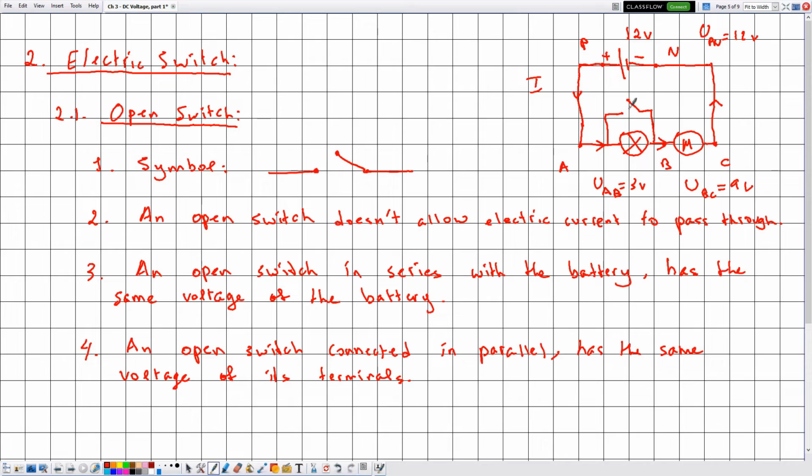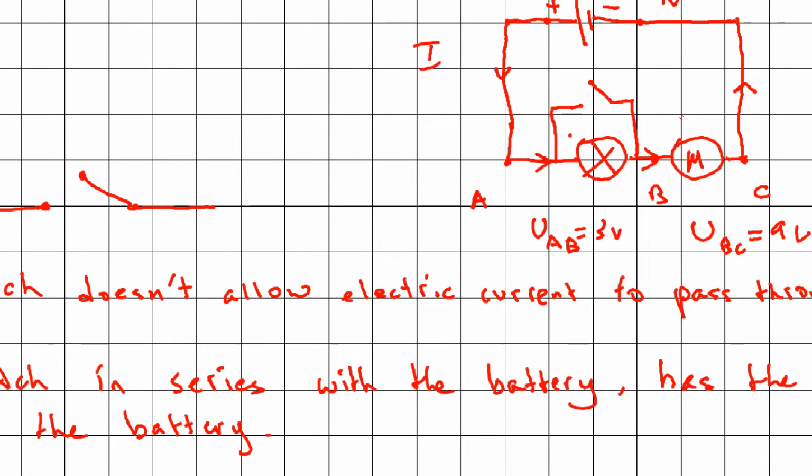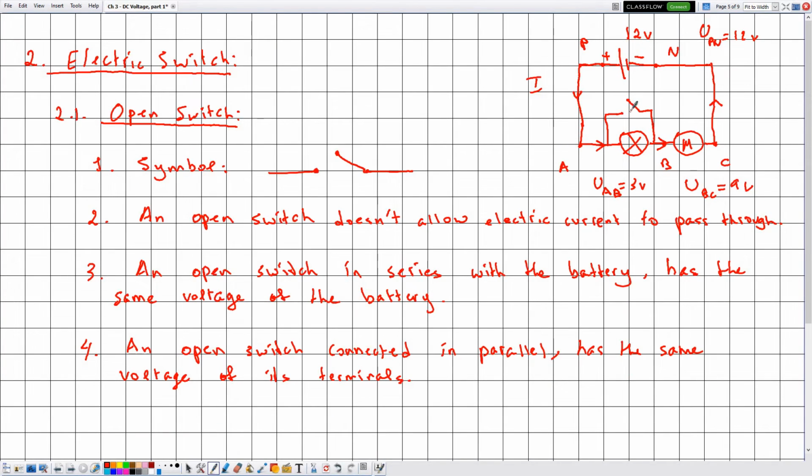Now this open switch is in parallel with the lamp because these are the terminals of the open switch. Then the first terminal of the open switch is connected to the first terminal of the lamp, and the other terminal of the open switch is connected to the other terminal of the lamp, and therefore the open switch and the lamp are in parallel.